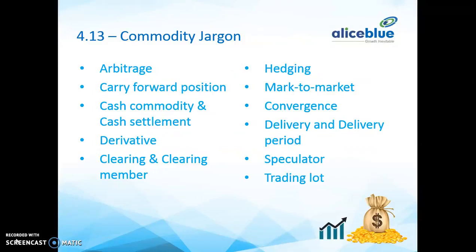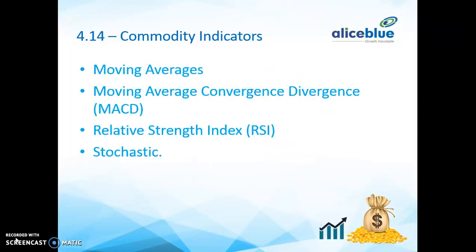The various commodity jargons that are used are arbitrage, carry forward position, cash commodity and cash settlement, derivative, clearing and clearing member, hedging, mark to market, convergence, delivery and delivery period, speculator, and trading lot. The various commodity indicators include moving averages, moving average convergence divergence, relative strength index, and stochastic.